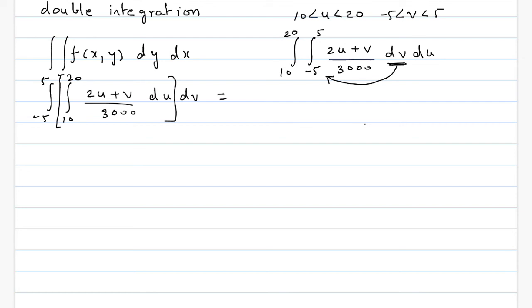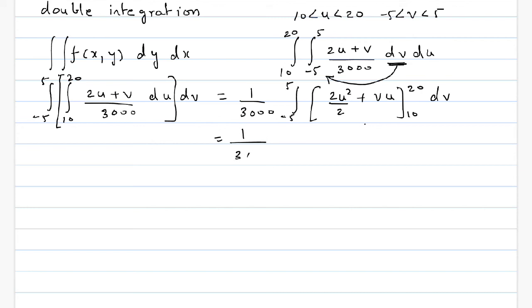So now we'll integrate with respect to u first. If we are integrating with respect to u, our v stays constant. So 1 by 3000 outside, we'll have -5 to 5. And the integration of 2u becomes 2u square by 2, and v is constant, so v into u, with our limits 10 to 20 and then dv.